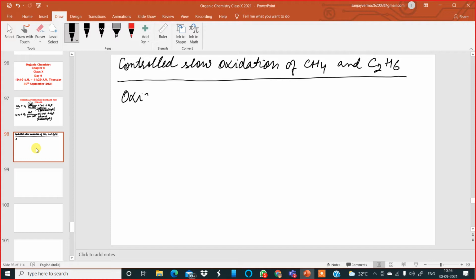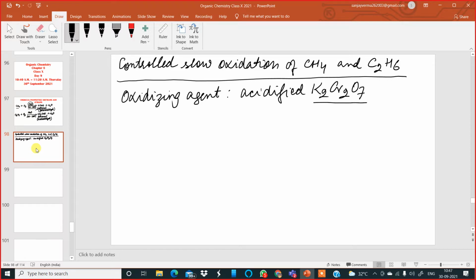The oxidizing agent which is used is acidified potassium dichromate, K2Cr2O7, acidified with dilute sulfuric acid.